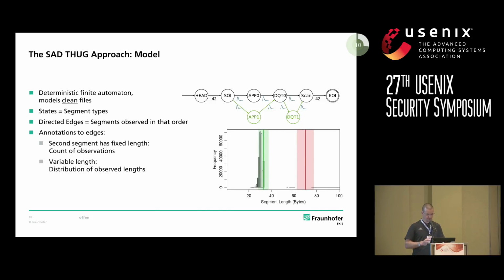So this is basically what we do here. We take into consideration the newly observed length. That would be, for instance, the solid green line. And then we create a radius, basically, using this factor alpha, so that we have a range around the observed value, and then we just count how many observations we had in the training phase in that range.